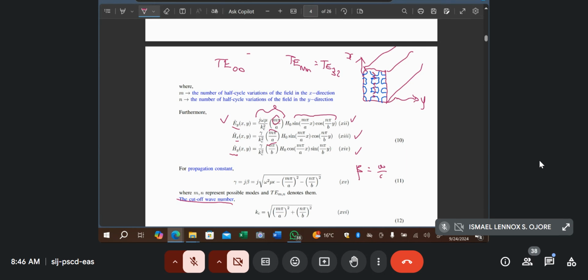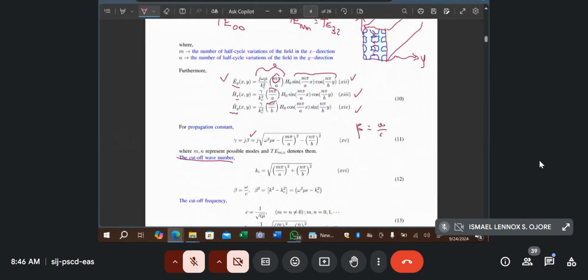So at cutoff, when the wave just begins to propagate, we can equate the propagation constant. What is the value of beta when it just begins to propagate? That is the point at which beta was actually 0, isn't it? Because it's just beginning to propagate. So if we equate this equation, 15, to 0, what do you get?